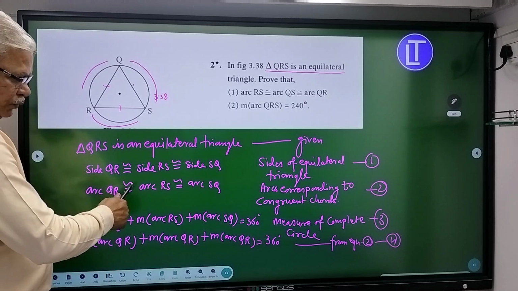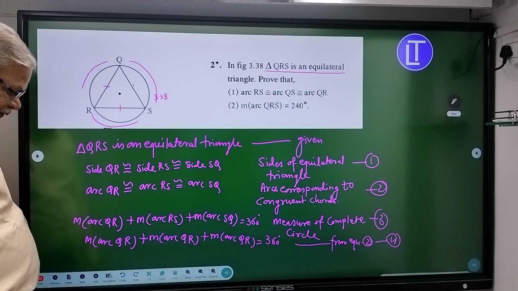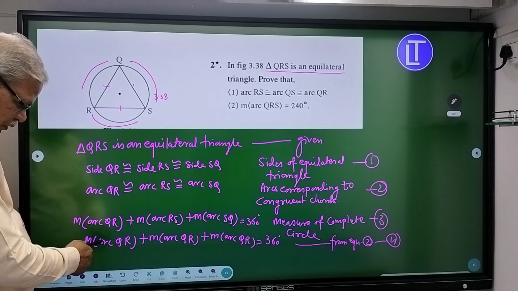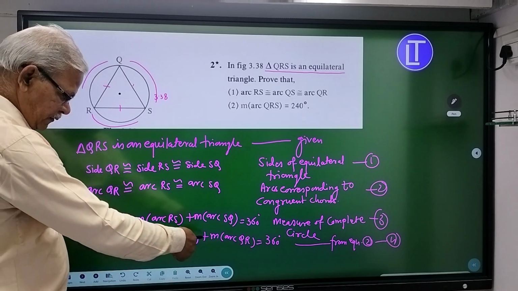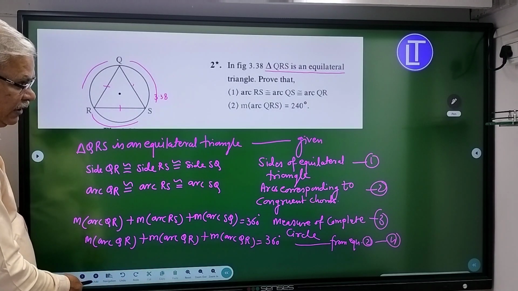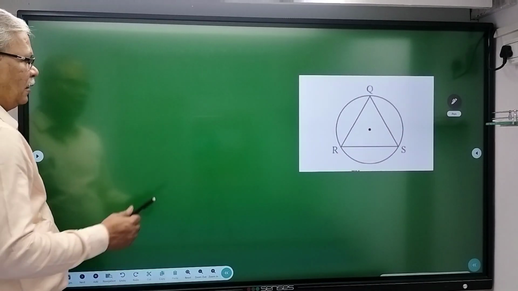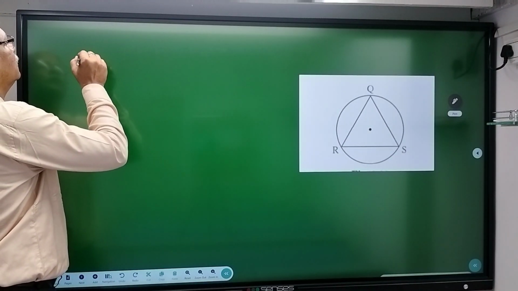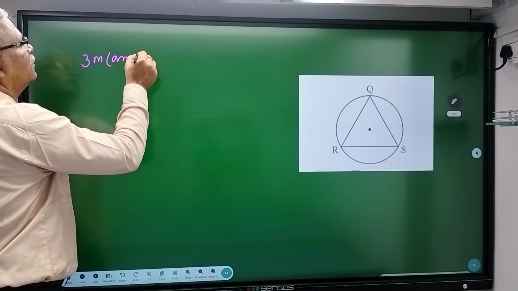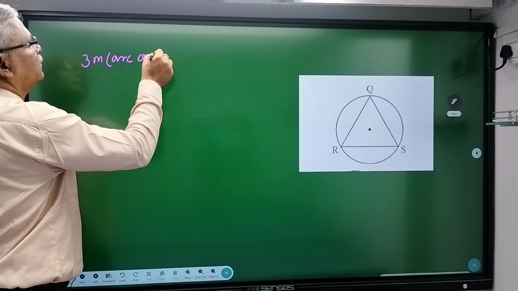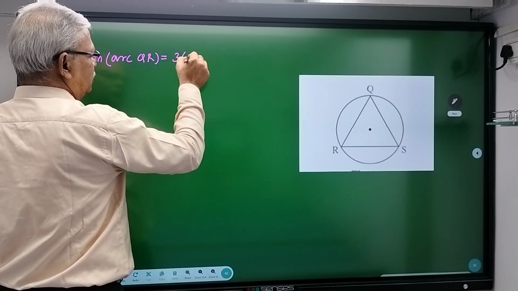From equation 2, what is given? Arcs are congruent. Okay. Now because here there are 3 arcs, 3 QR. Okay, therefore we will write here 3 times measure of arc QR is equal to 360. Okay.